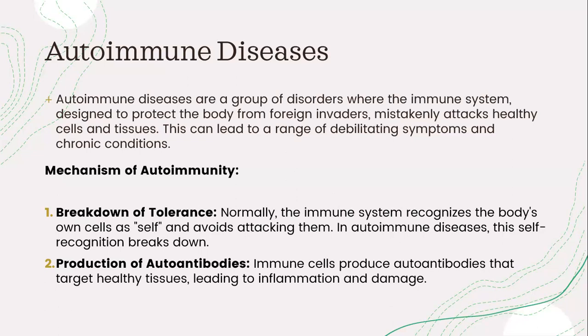And that is seen in diabetes type 1, where your B cells will start producing antibodies against the cells in your pancreas. If you're breaking down cells in your pancreas, you're unable to produce insulin, and then you would develop diabetes.